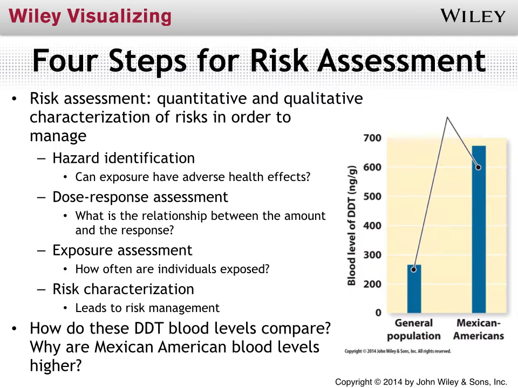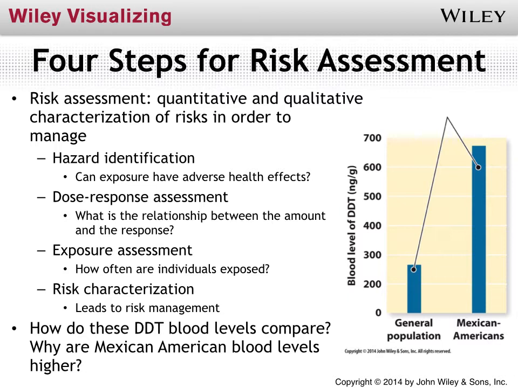Third, exposure assessment, which is based on how often individuals might be exposed to a particular chemical. And then finally, risk characterization, which leads back to determining the actual risk management.